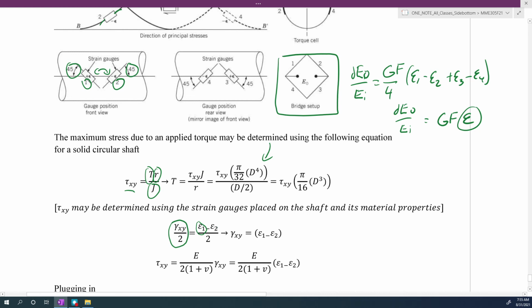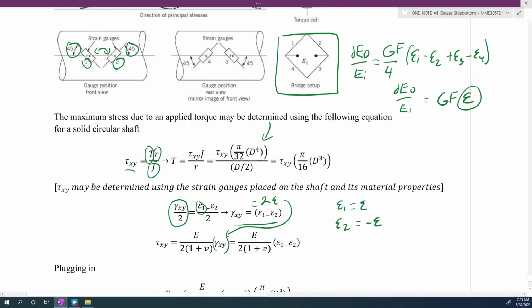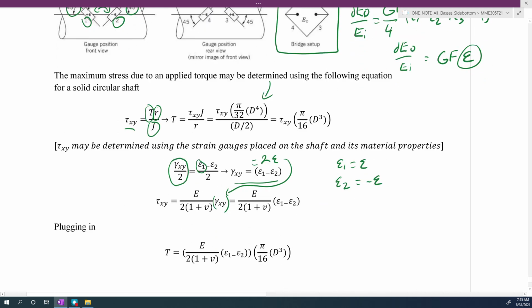In our case, epsilon 1 is equal to epsilon, epsilon 2 is equal to minus epsilon. So gamma xy would just be equal to 2 epsilon. We could plug our 2 epsilon into this equation here, and we'd get our value for tau xy.